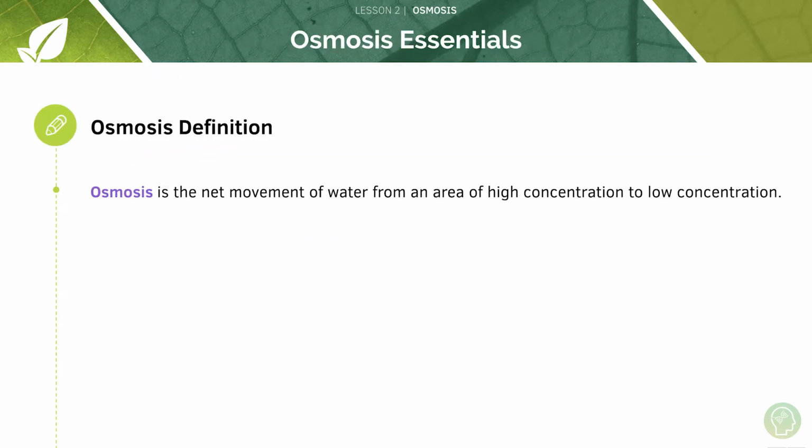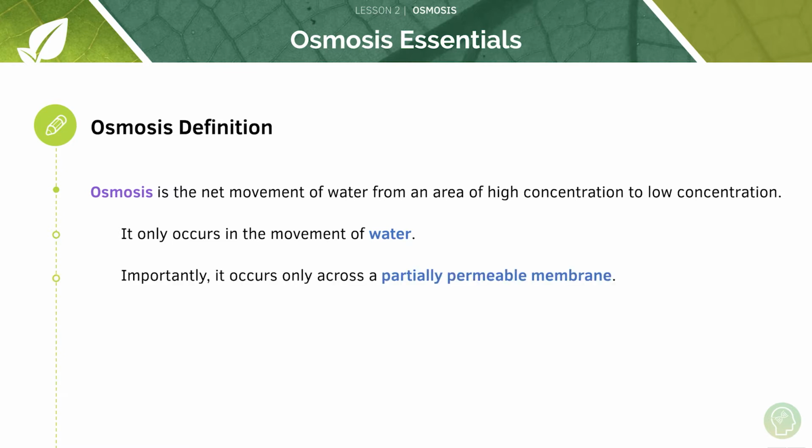So first of all, let's take a look at the definition of osmosis. Osmosis is the net movement of water from an area of high concentration to low concentration. It's really important that you realise it only occurs in the movement of water, and it occurs only across a partially permeable membrane.